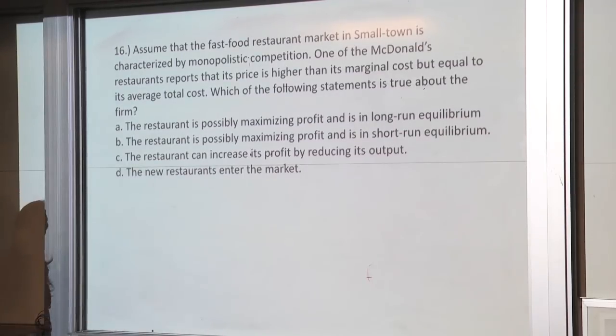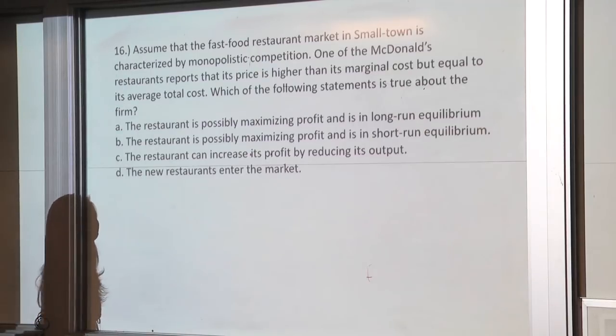Assume that the fast food restaurant market in a small town is characterized by monopolistic competition. One of the McDonald's restaurants reports that its price is higher than its marginal cost, but equal to its average total cost. Which of the following statements is true about the firm?